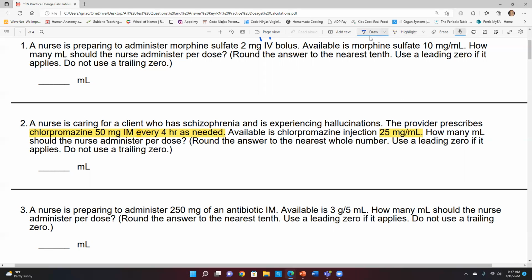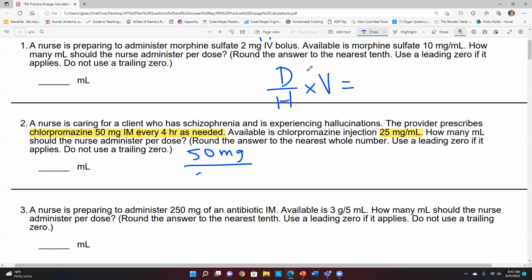So let's go ahead and set this up using our formula. And the formula is D over H times V gives us the answer. So what's desired is going to be 50 milligrams.